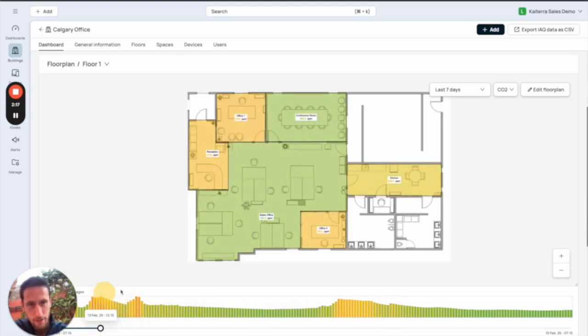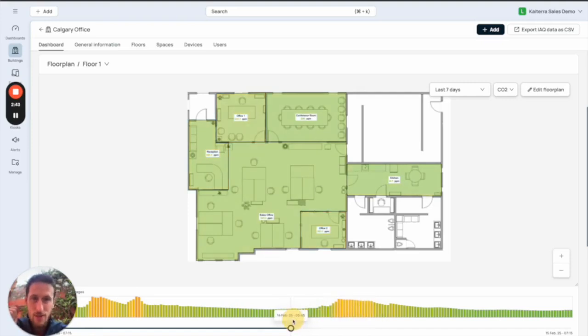However, as I'm scrubbing through it, I'm noticing some interesting patterns, something that I've seen many, many times before. These two spaces appear to be increasing and decreasing in an extremely synchronous way, more than one might expect. As I drag this through, whenever one of these spaces goes up or down, the other space also goes up or down.